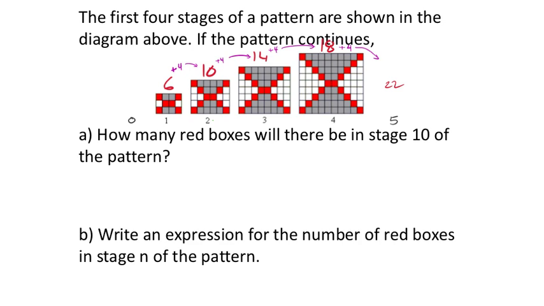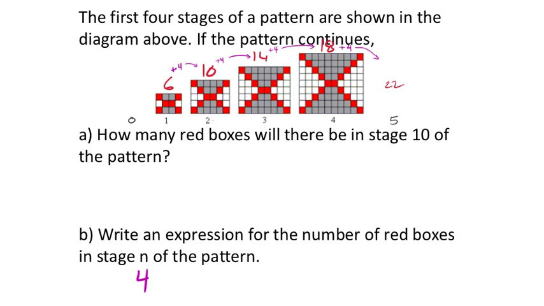If we see that we're adding 4 every time, add 4, add 4, add 4, add 4, that's repeated addition. So instead of using repeated addition, I could just change that to multiplication, right? I know that I'm just going to multiply by 4, and I'm doing it down here at the bottom because I don't really care what stage I'm in, right?